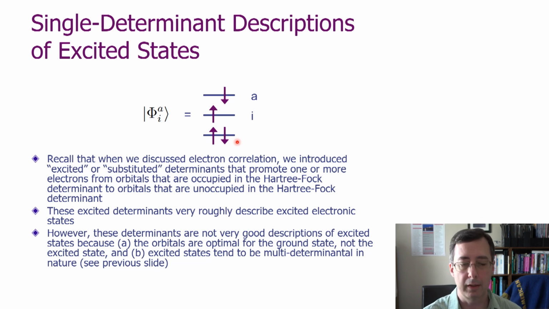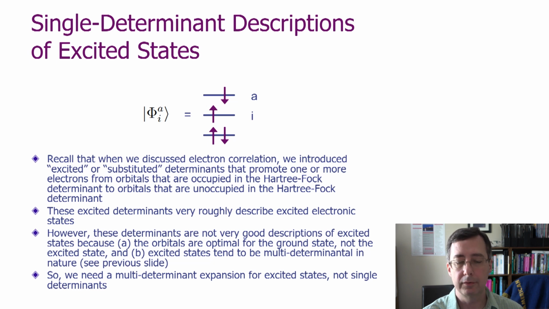So the orbitals may not be optimal. And B, I do have half the wave function because I'm missing the other mirror image pair. And in fact, there may be other determinants that maybe are not quite as important as this one or its mirror image, but that might still have a significant weight. And so that's the other issue with trying to think about this as an excited electronic state.